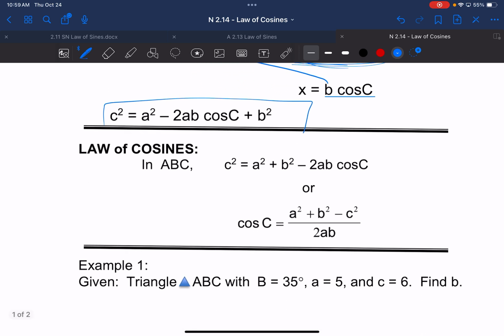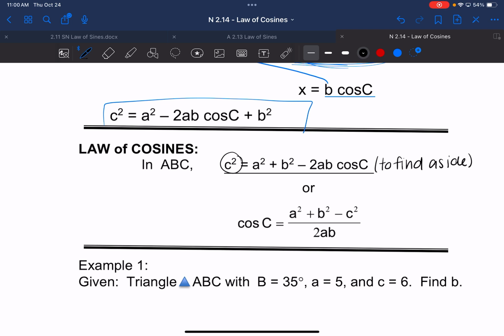So, for law of cosines, in some triangle ABC, if you are looking for a missing side, you're going to use this formula, because it's going to give me some lowercase letter c whenever I solve this.